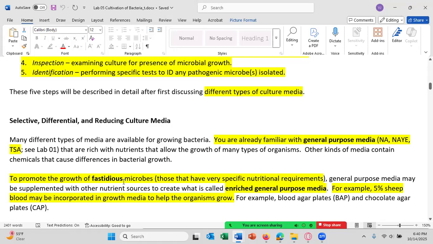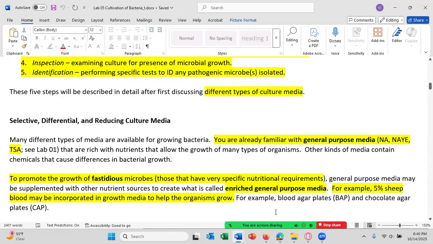And usually how we grow Streptococcus pyogenes and many other fastidious microbes is we just grow it on an enriched general purpose media, such as blood agar. Blood agar actually is TSA, but it has 5% sheep's red blood cells added to the media.